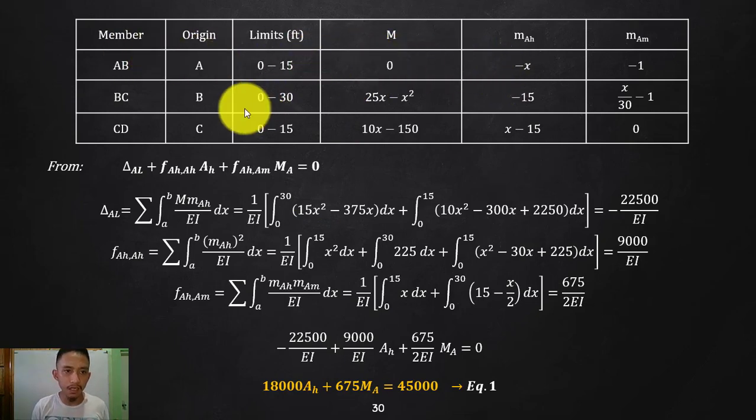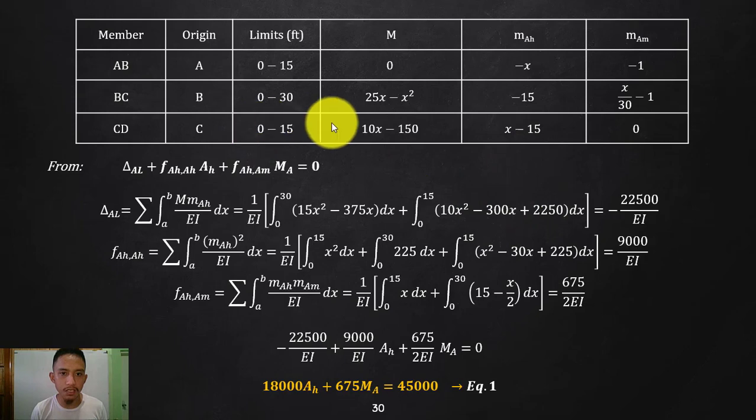Now BC, there are values, so I can now have an equation there. I will combine that one, so that will give us this. Multiply that one, you will end up here. And of course your limit is from 0 to 30, so integrating that one. And then your CD, now your big M and small MAH will be multiplied, so that will give us this.